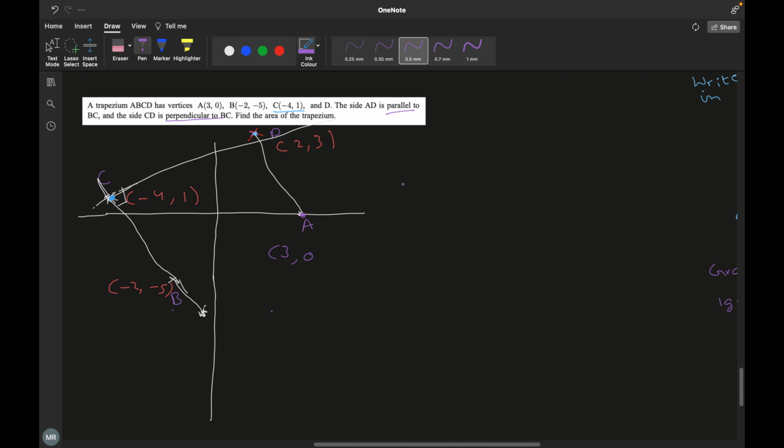Okay, so now we can find the area. The area of a trapezium is the sum of the parallel sides divided by 2 into the height.